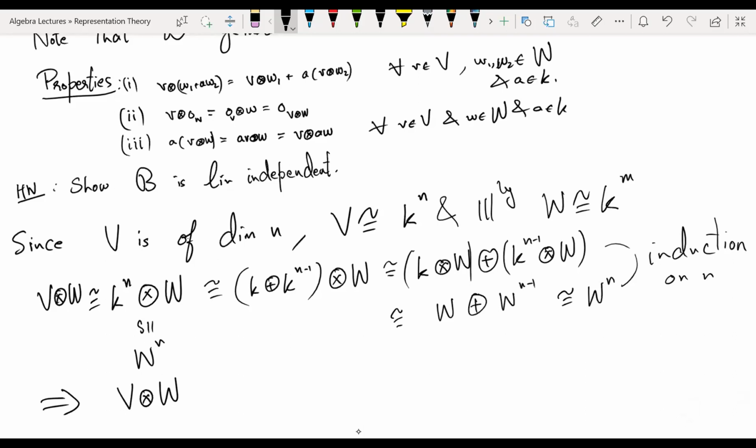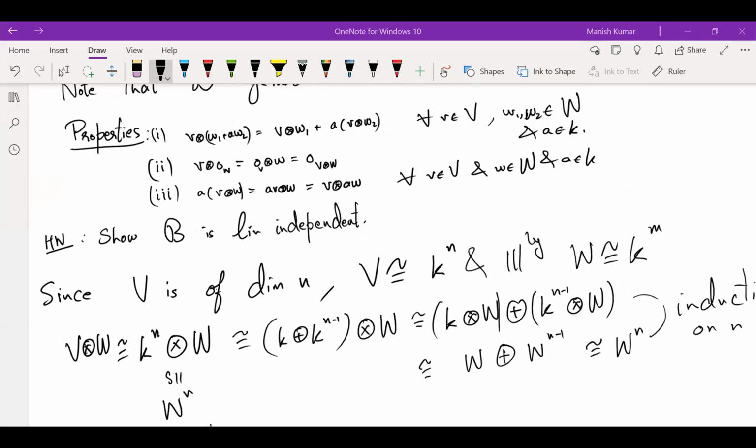The dimension of V tensor W: W is m dimensional, so W power n is mn dimensional. Right. Any questions?